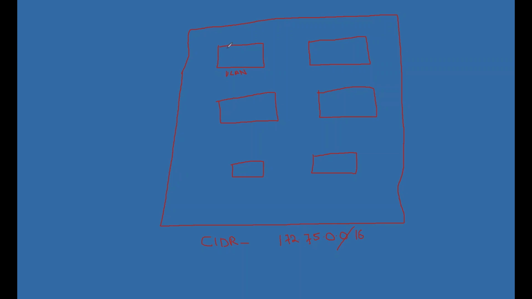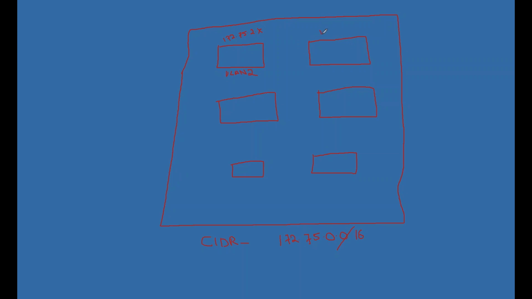So this subnet will have an IP address called 172.75. It cannot change, okay? Then 2.x. Look at the third octet, 2. So normally they call it VLAN 2. It can be any name, but normally I would call it VLAN 2.